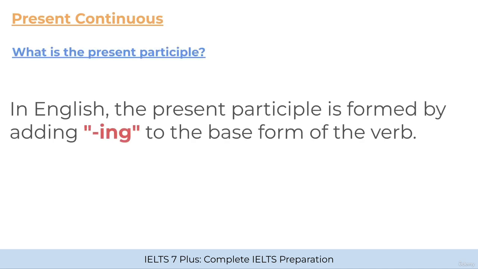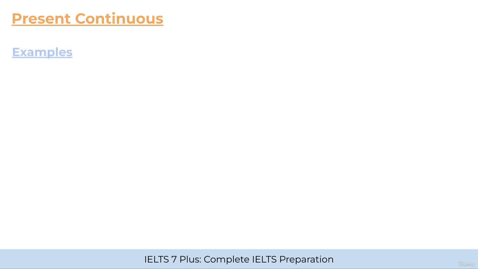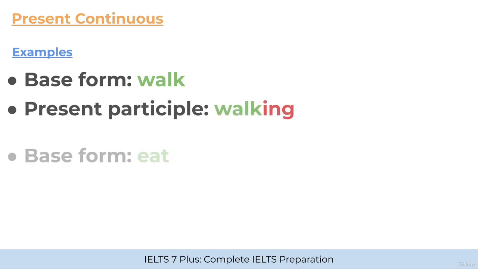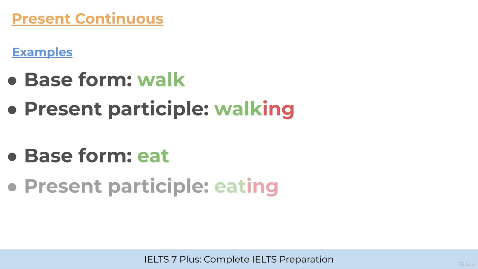And it's formed by simply adding ing to the base form of the verb. So any verb that you have, write becomes writing, read becomes reading. We'll see this in action now. Okay, so the base form, walk, the present participle becomes walking. Eat, present participle becomes eating.